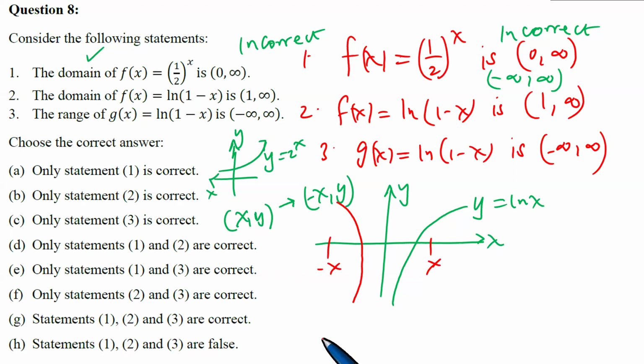Now, if this is true, then you perform another transformation of the graph. If this is the graph of the ln of minus x, what then would be the graph of, okay, they set very interesting questions for you guys there, and they want to get you to think. This is very brilliant.